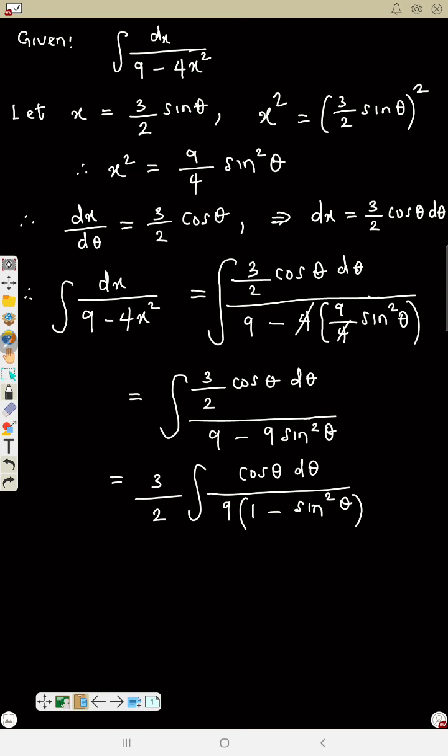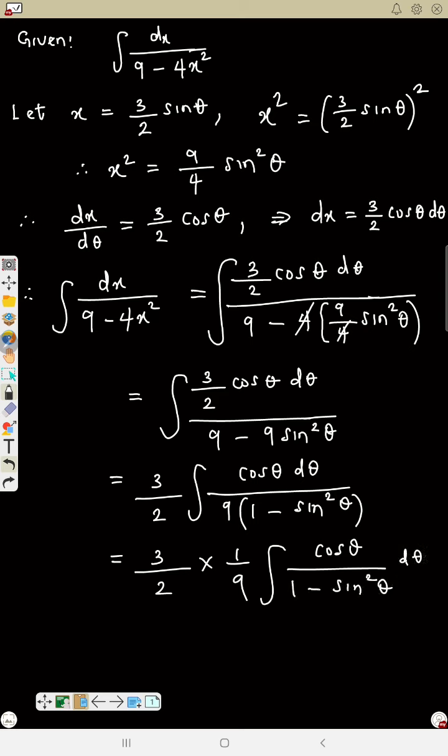Now this 9 can also come outside to become 1 over 9, integral of cos theta divided by 1 minus sine squared theta d theta, because this 9 I can take outside to be 1 over 9 outside the integral. Now 3 here, 1 over 9 here, so 3 times 2 is 6.